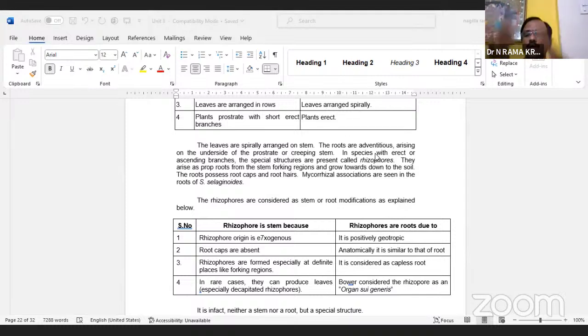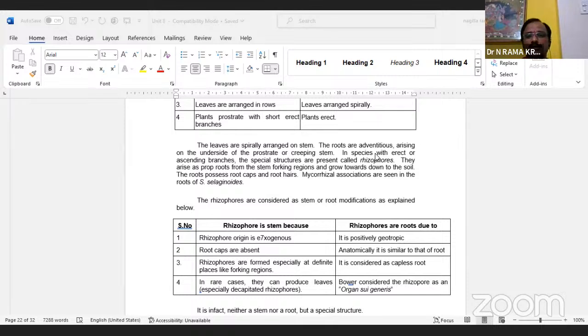The stem looks creeping, and all the roots come from the underside of the stem.